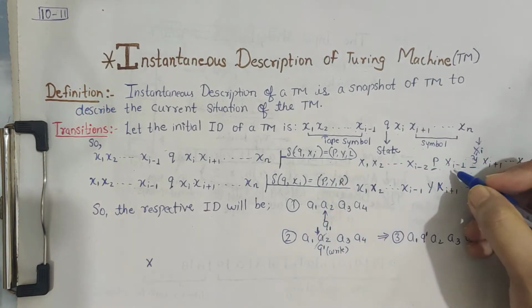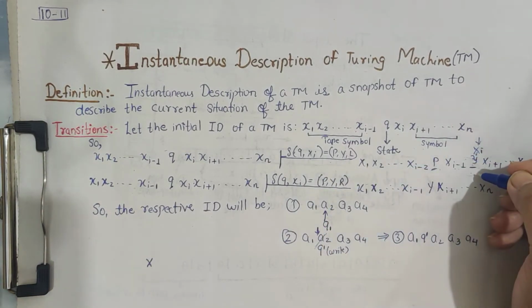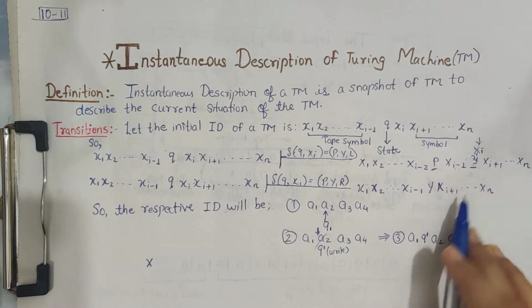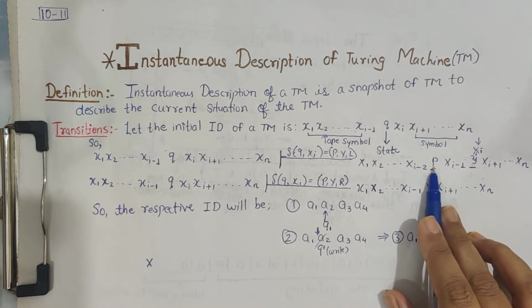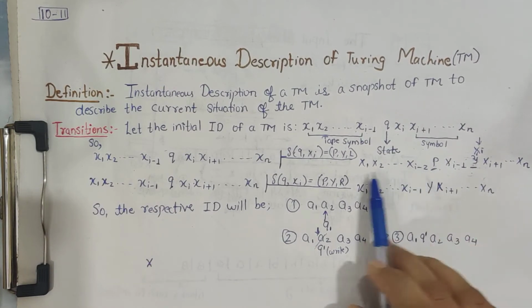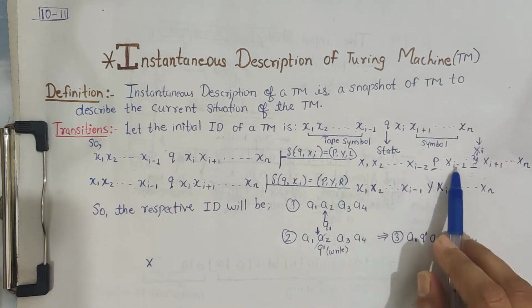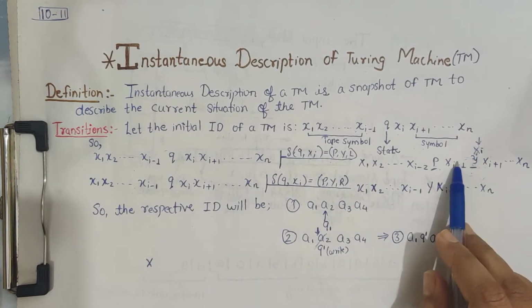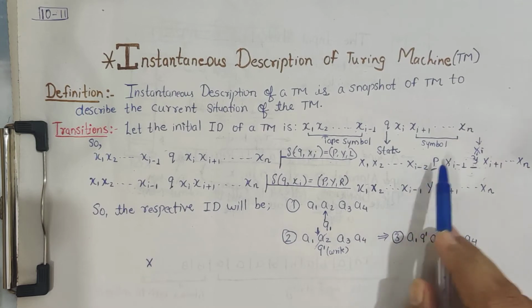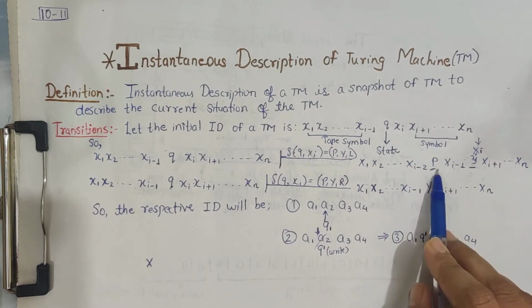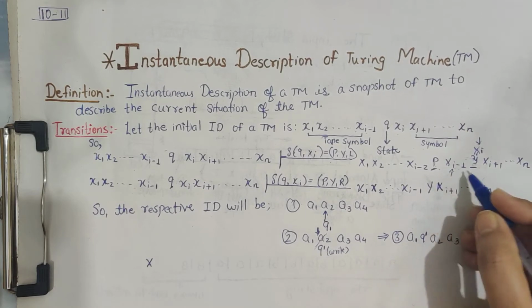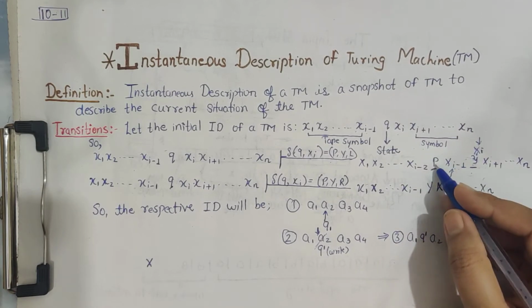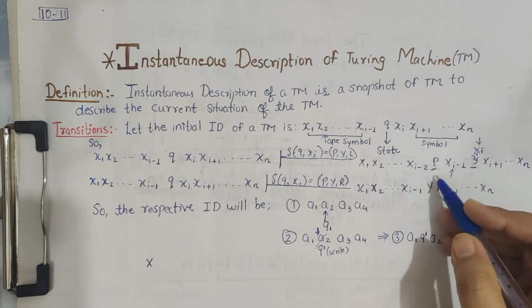As the read write head has shifted left, I am writing the new state p before xi minus 1, because the head is shifted towards the left, so we write it before this, that is p.